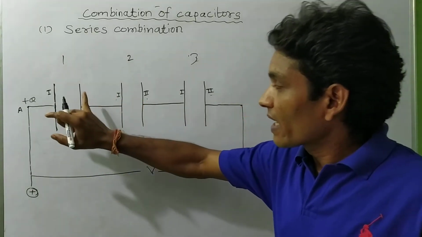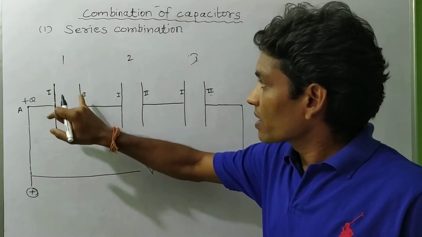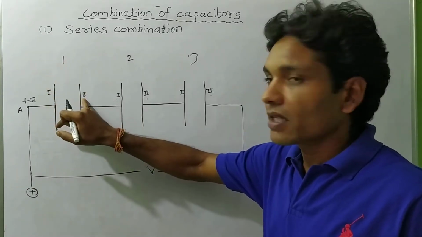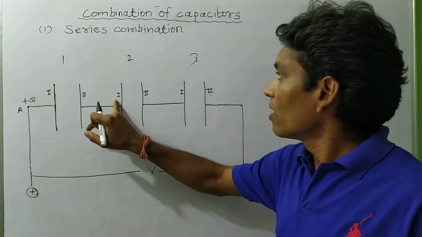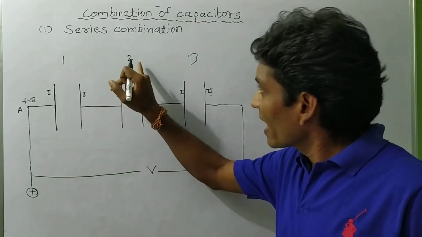So the second plate of the first capacitor, or previous capacitor, is connected to the first plate of the next capacitor.